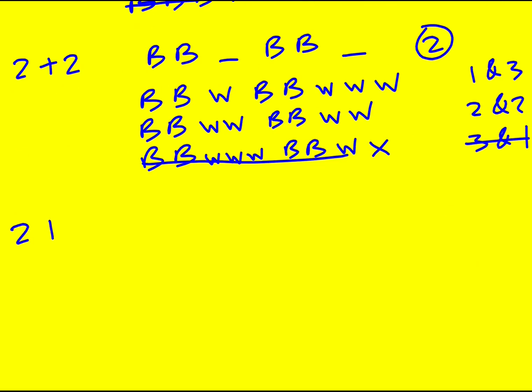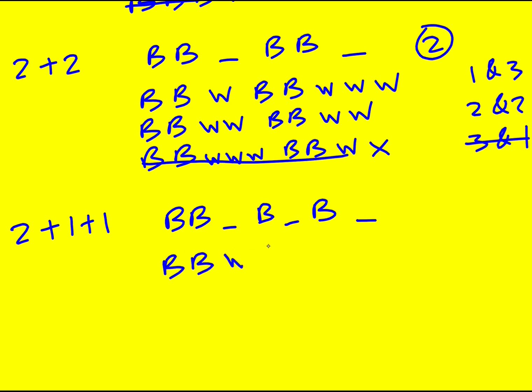Okay, next 2, 1 and 1. Right, this time we've got 3 spaces. So black, black, white, black, white, black, white, white. Notice this is next to the black, black, or black, black, white, black, white, white.